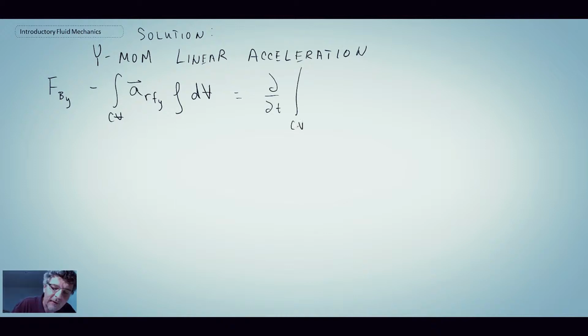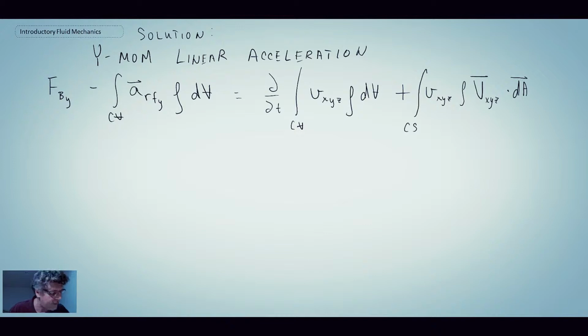However, we had to be careful of measuring the velocities with respect to the moving reference frame. And then finally we have the mass flux leaving term. The last three terms give us that. And then we have conservation of mass, the continuity equation.